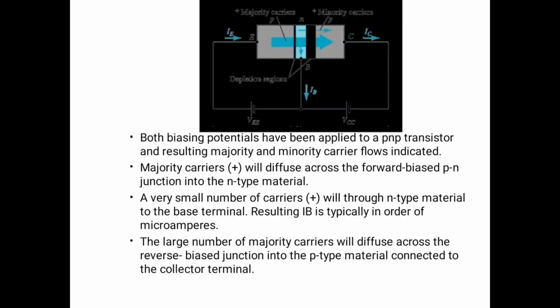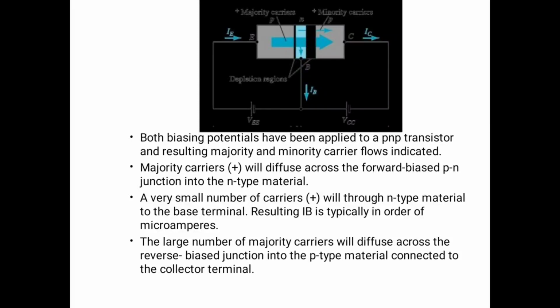The resulting majority and minority carrier flow is as indicated. Minority carriers are injected across the forward-biased PN junction into the N-type material. A very small number of carriers pass through the N-type material to the base terminal, resulting in a base current typically of the order of microamperes.